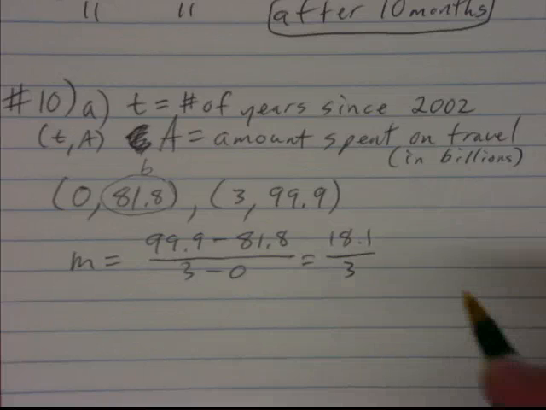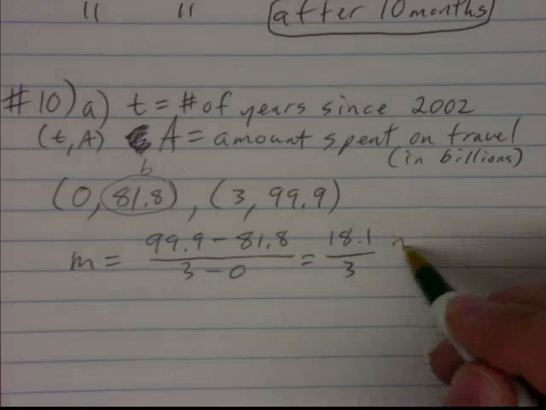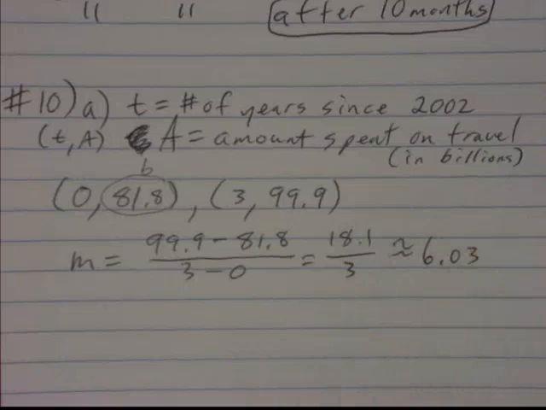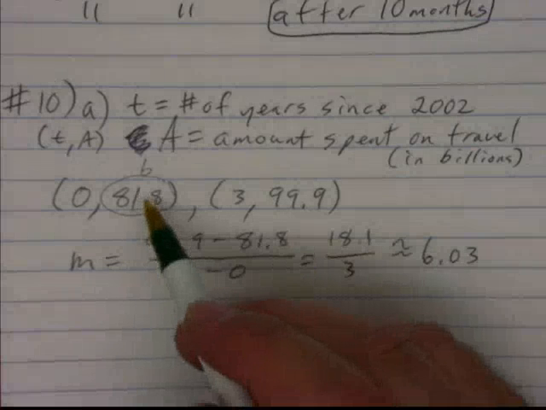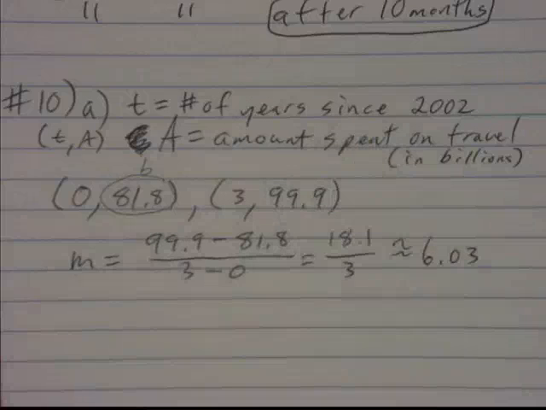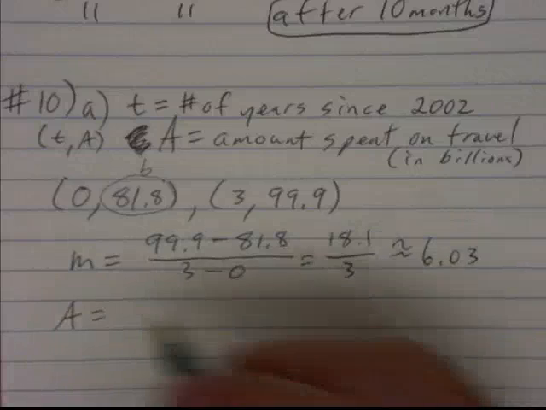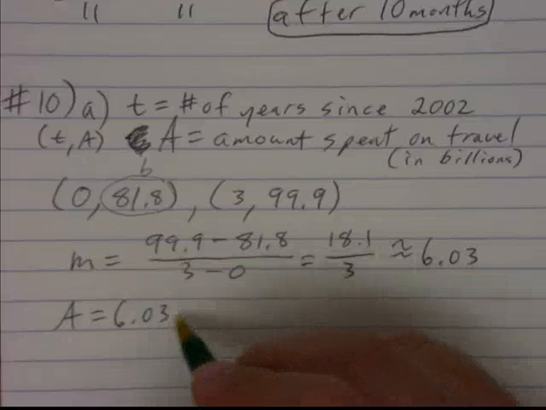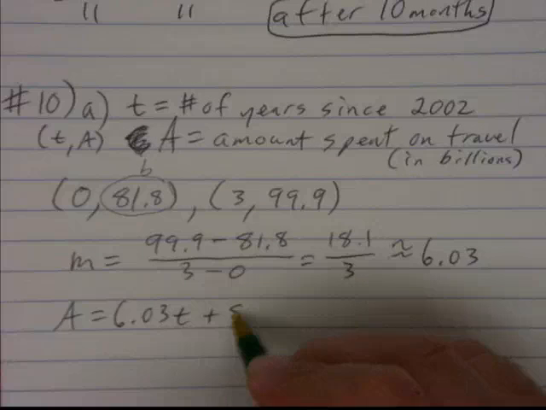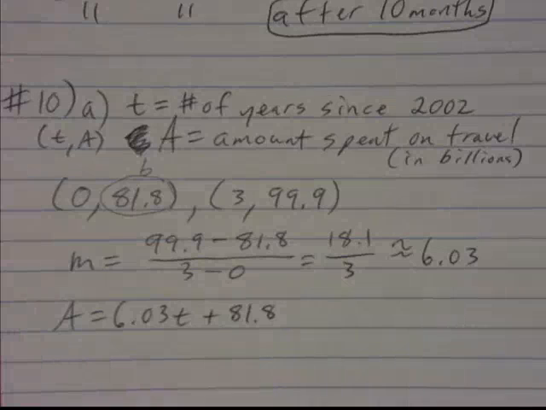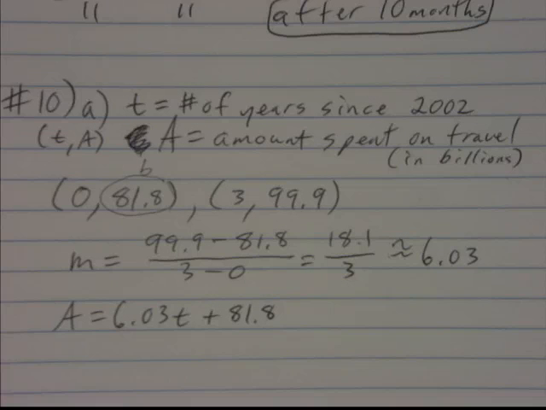Divide that by 3, and I get about, I'm going to round that off, 6.03. That's going to be my slope, and I said this is already going to be my y-intercept because of the way I set up my variables. So I'm going to get A is equal to my slope, which is 6.03 times t plus 81.8. And that's part A, my linear equation.